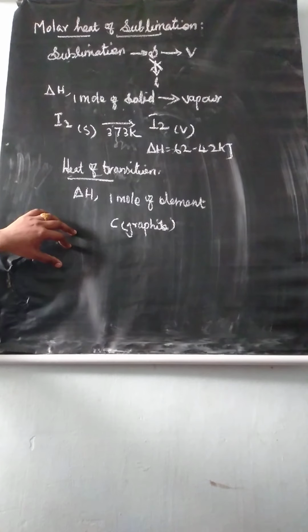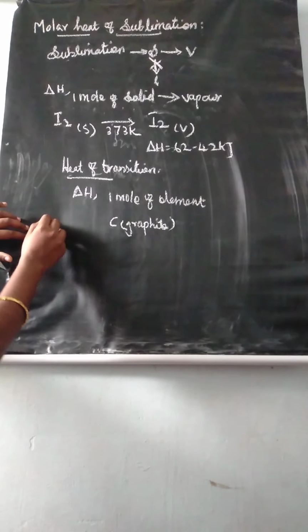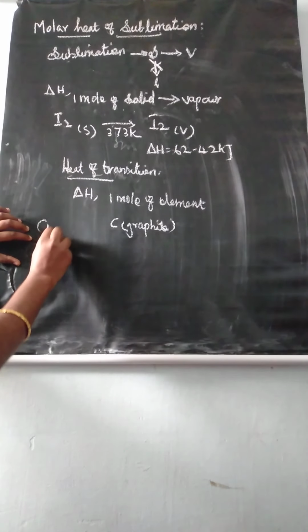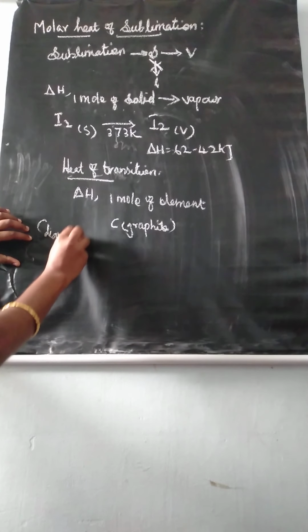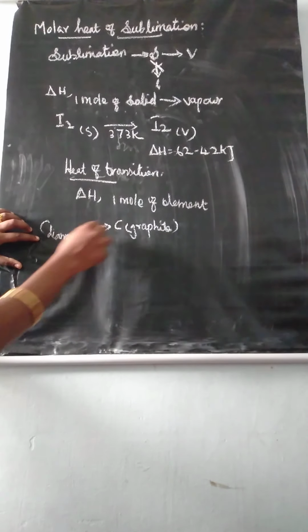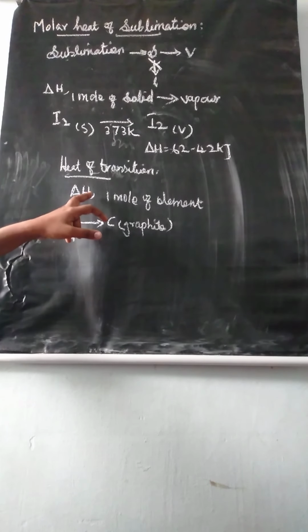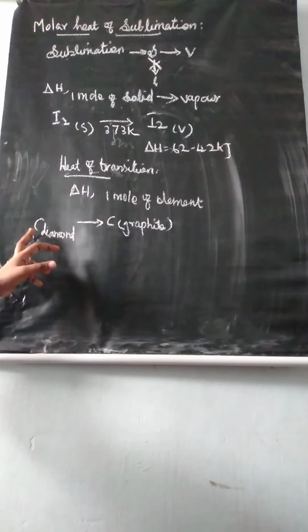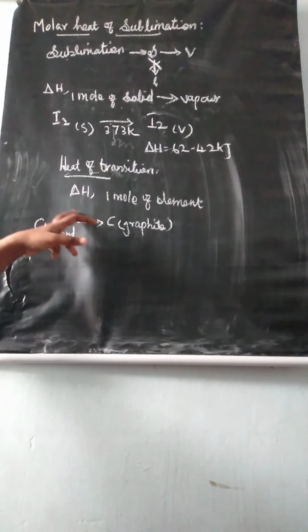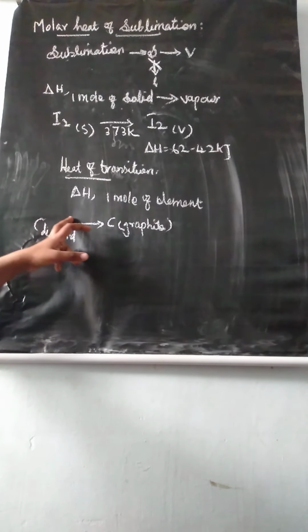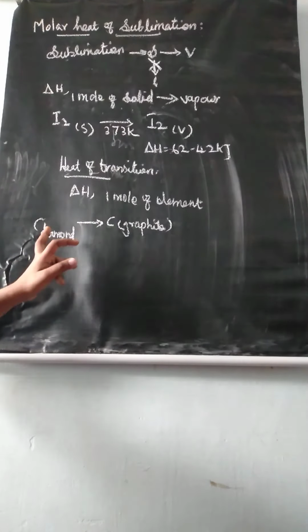This is an element in the form of diamond, carbon. Change in enthalpy takes place when 1 mole of an element changes from one of its allotropic forms to another: diamond to graphite.